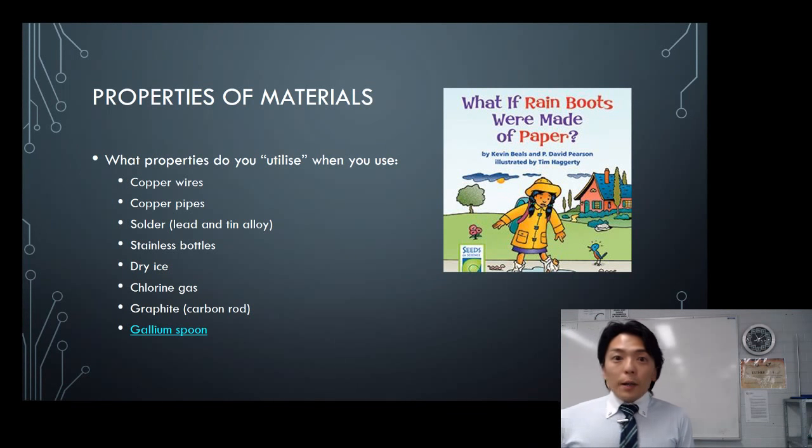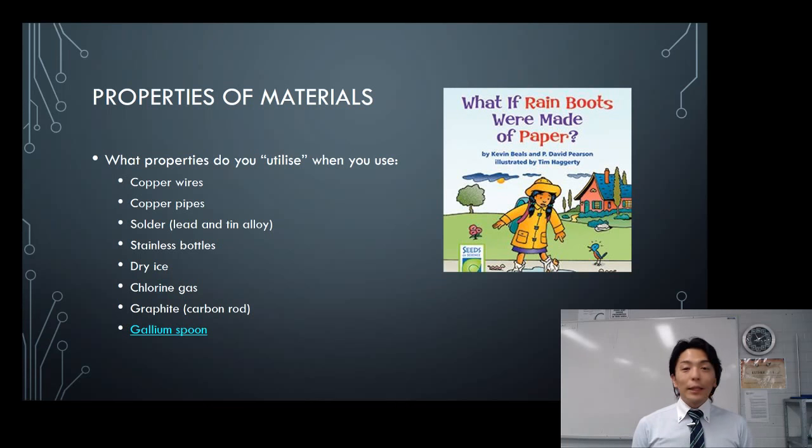What is meant by properties of materials? Have you thought about why some materials are chosen for a particular purpose? There's an image right above here saying, what if rain boots were made of paper? Funny thought.